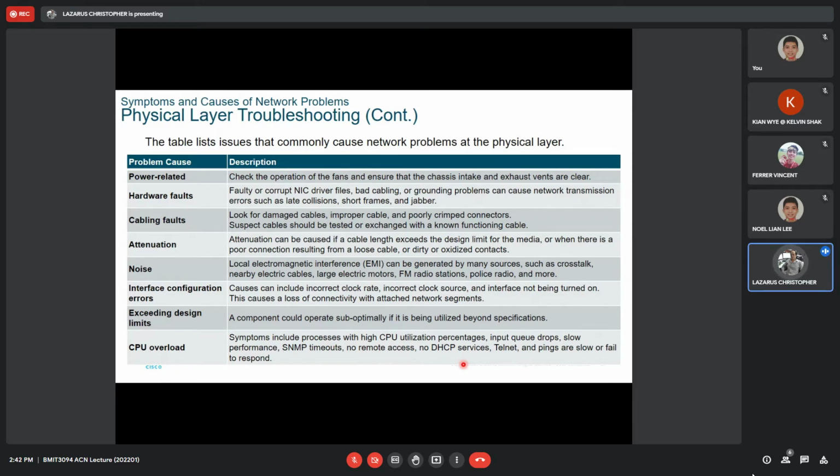Noise means interference. If you're not using shielded cable, then yes, it could be affected. I've noticed some technicians, when they do cabling, include the UTP cable with the power cable side by side inside the same conduit.